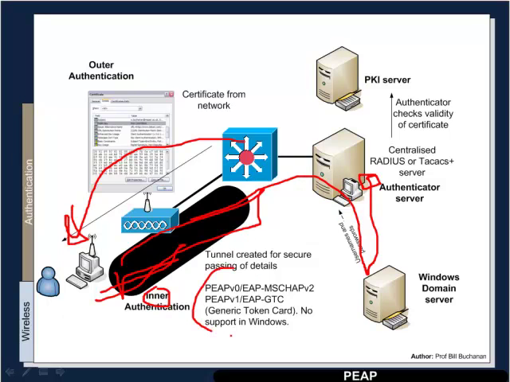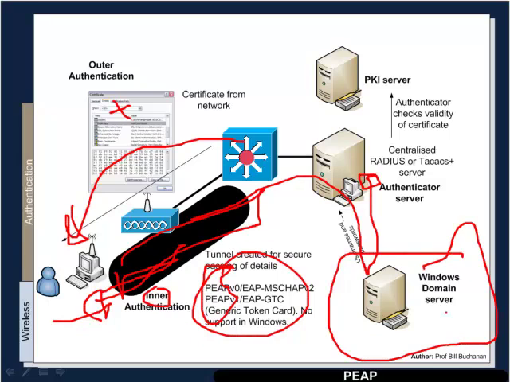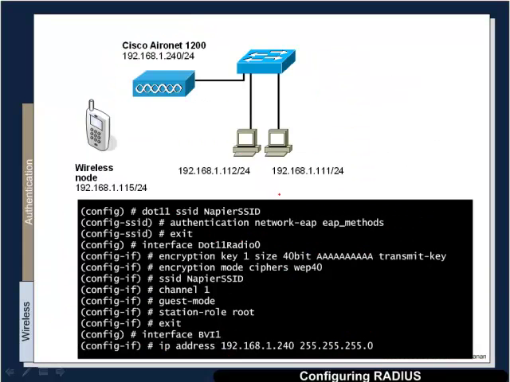So in this way we keep things secure. PEAP supports both digital certificate and also a secure way of username and password. PEAP seems to be the way that many companies are actually going, in that it synchronizes quite well with a username and password system on a Windows system, but also uses a certificate to keep this communication secure.